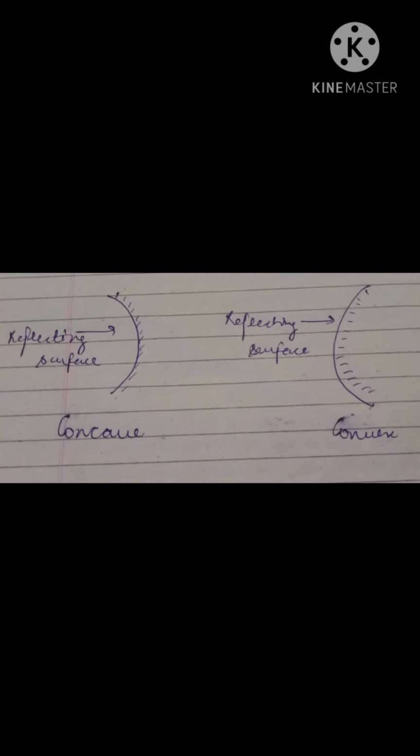The spoon-like structure is the convex mirror, and in the concave mirror you can see a cave-like structure in which light rays come inside and then get reflected back. Students, do remember the concave mirror and convex mirror and the difference between them. One is bent in and the other is bulged out.